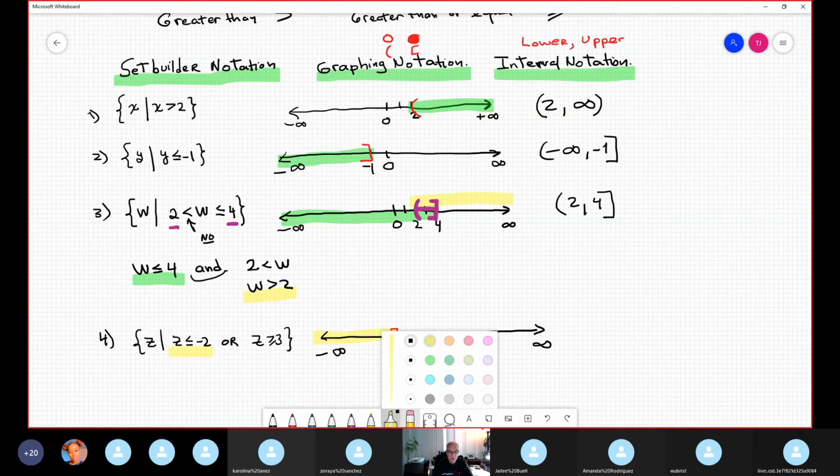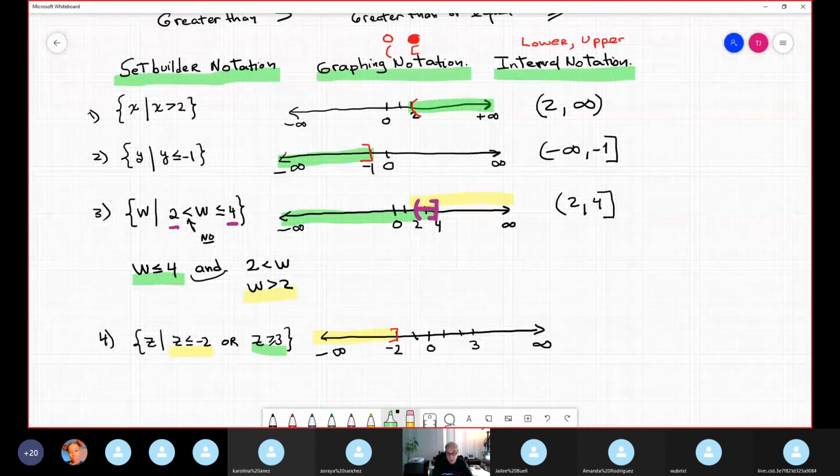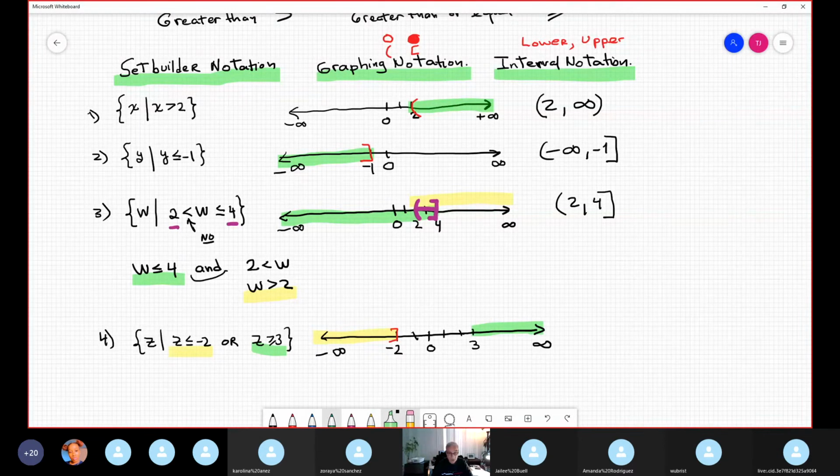The second part is that part, which is at positive 3. So 1, 2, 3 here. I highlight to the right, because it is greater than, to the right. Include 3 also, because in both pieces of the compound inequality I can see the equal sign. So, bracket.